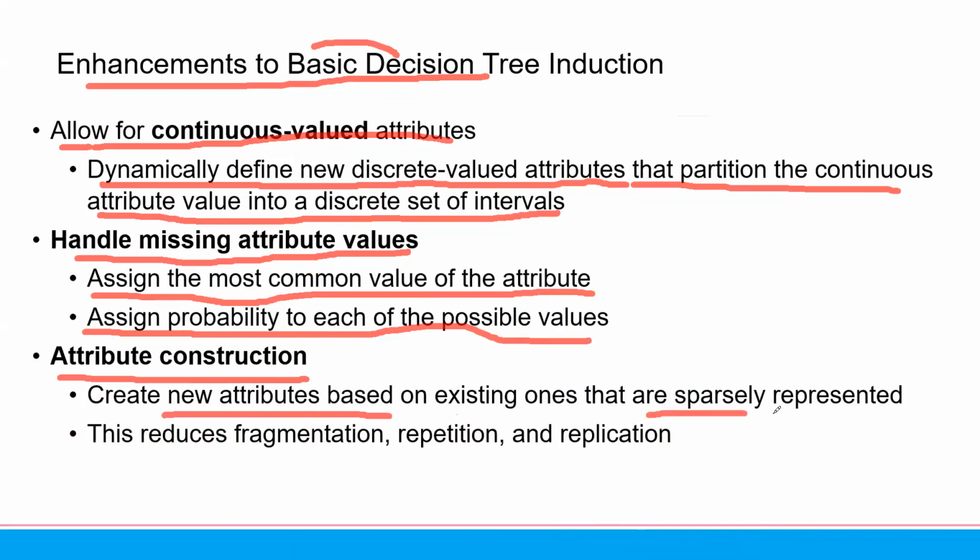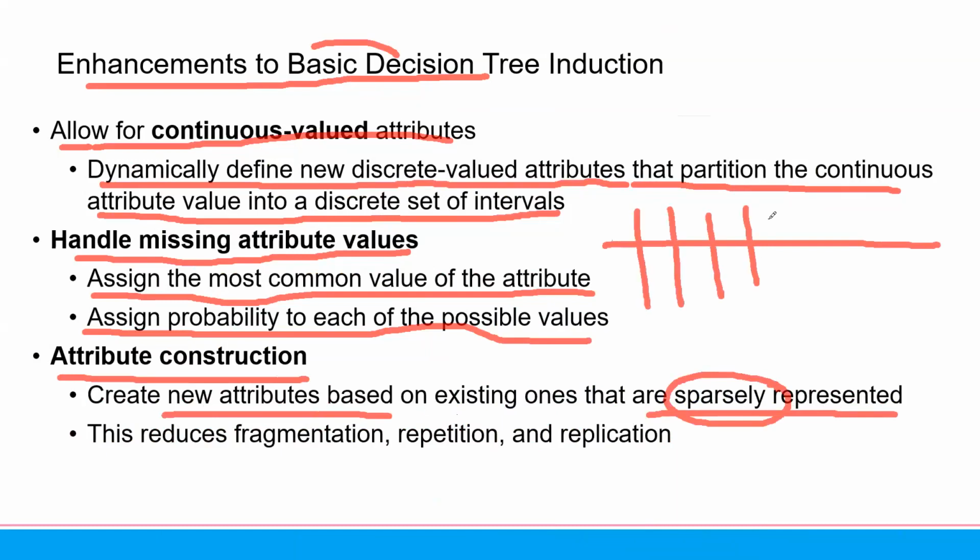If you create a new attribute, then you can avoid sparse. Do you know the meaning of sparse? Sparse means when you have a lot of data that is mostly empty. If you still remember when we learned the association rule, we have bread and we have milk, or maybe almond. Only few people bought almond, but many people bought bread and milk.